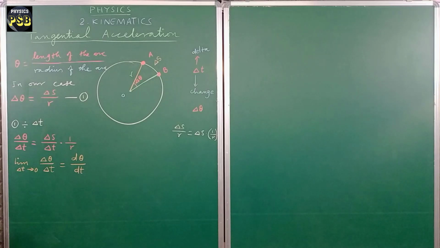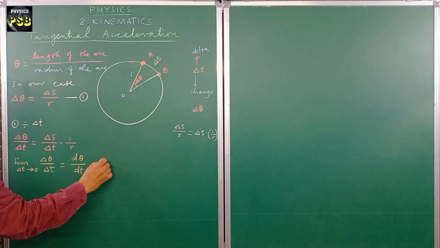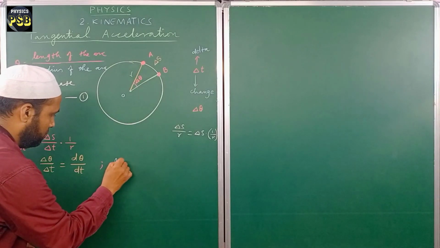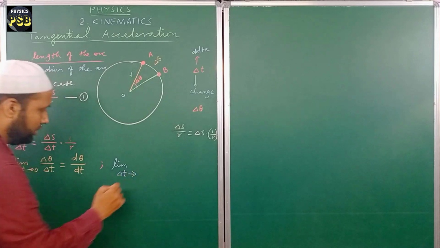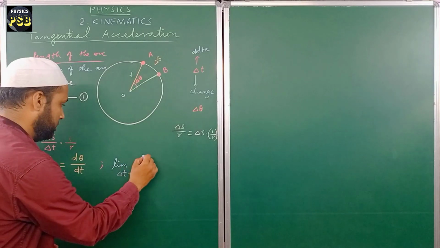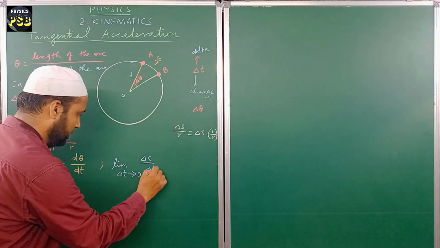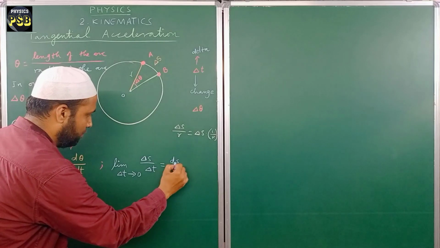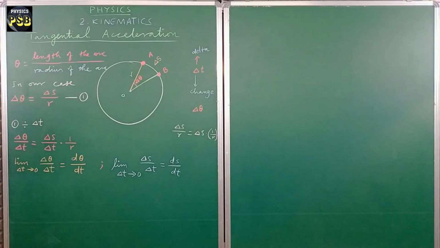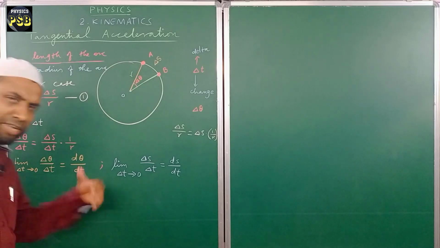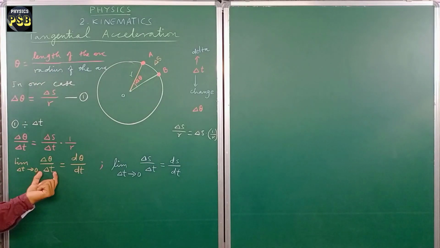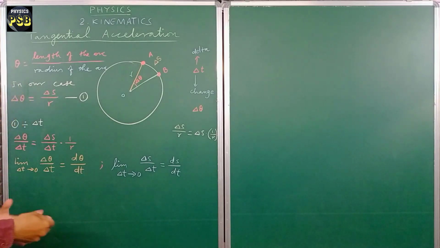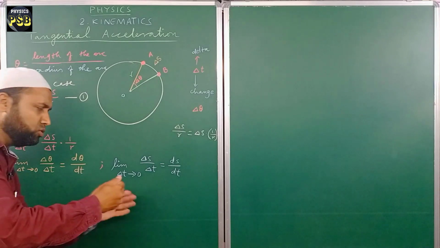Clear? In a similar way, when the limit delta t tends to 0, delta s upon delta t will turn into ds upon dt. What does it mean? When I say limit delta t tends to 0, it means the change in time is very near to 0.